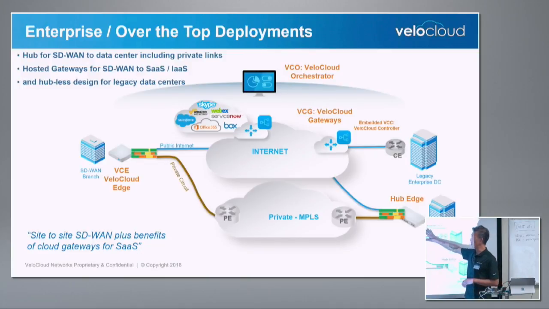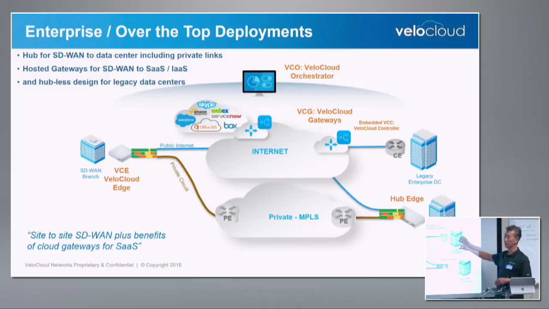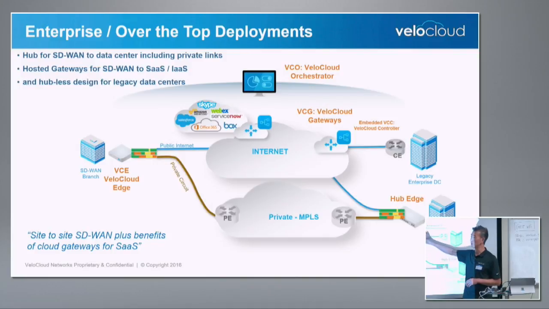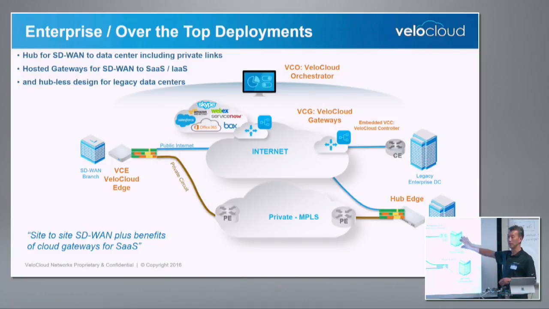The additional benefit of the cloud gateway is that you can also do a hubless design to access an on-premise data center. You just do the SD-WAN termination from the edge to the gateway that's nearest to the data center and have an interoperable VPN tunnel to that data center to existing equipment.